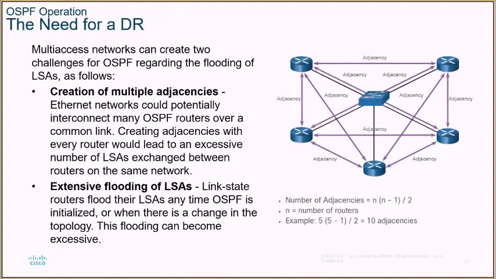Okay, going back to the DR process. This is the situation we're talking about. We've got one switch, and all of these routers are hooked into it. With 5 routers, every router has 4 adjacencies, and 4 times 5 means there are 20 adjacencies being tracked by all the routers. Without a DR and BDR, it just gets very, very busy.